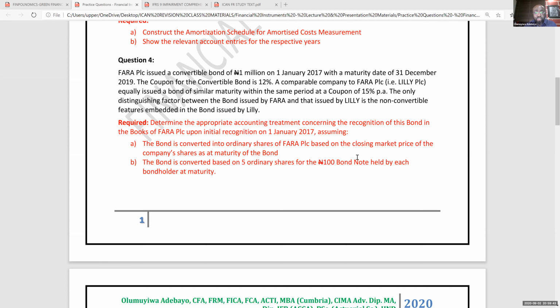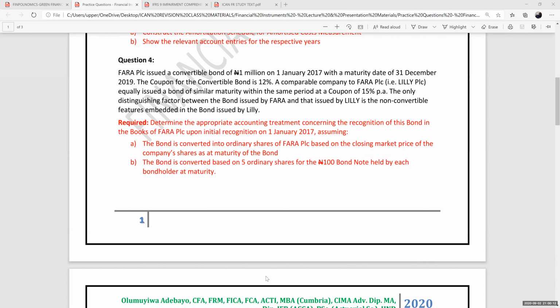The coupon for the convertible bond is 12%. A comparable company to Fire PLC, that is Lily PLC, equally issued a bond of similar maturity within the same period at a coupon of 15% per annum. The only distinguishing factor between the bond issued by Fire and that issued by Lily is the convertible features embedded in the bond issued by Lily.